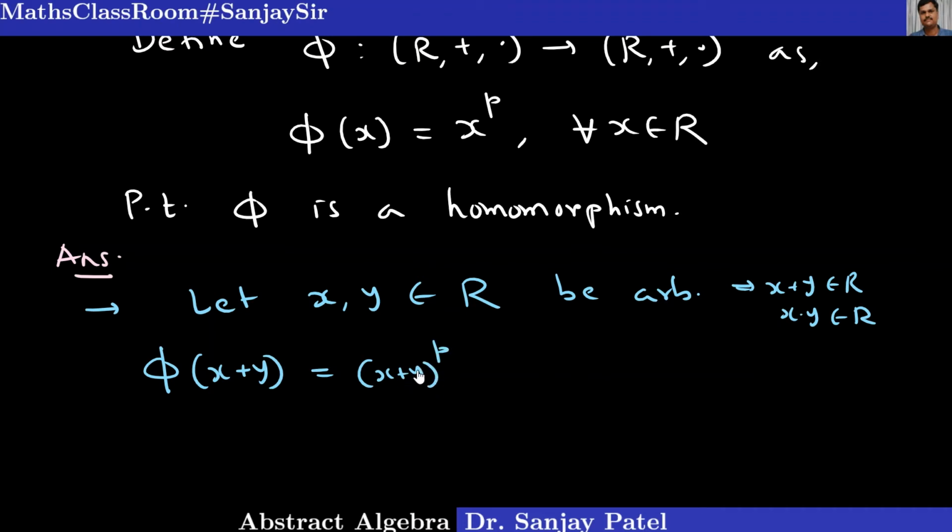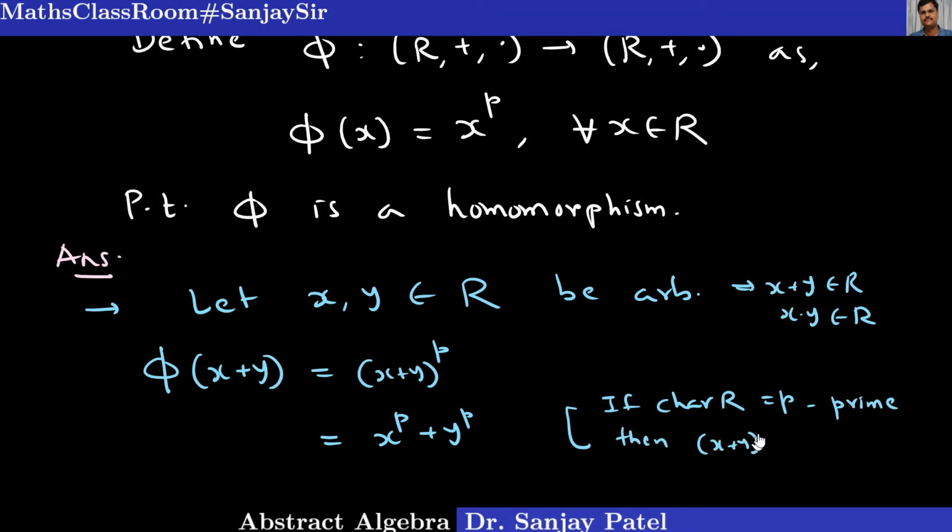And we know that if the characteristic of a ring R is a prime number p, then we can write this as x raised to p plus y raised to p, because we have proved a result in our earlier videos that if the characteristic of a ring R is p, which is prime, then (x plus y) raised to p is always equal to x raised to p plus y raised to p for every x and y belonging to R. So I am using this result which I have proved earlier.